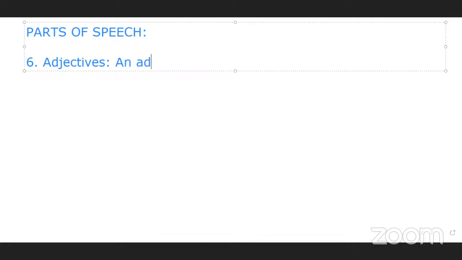Like exclamation? An adjective is different from an exclamation. So let's look at adjectives.